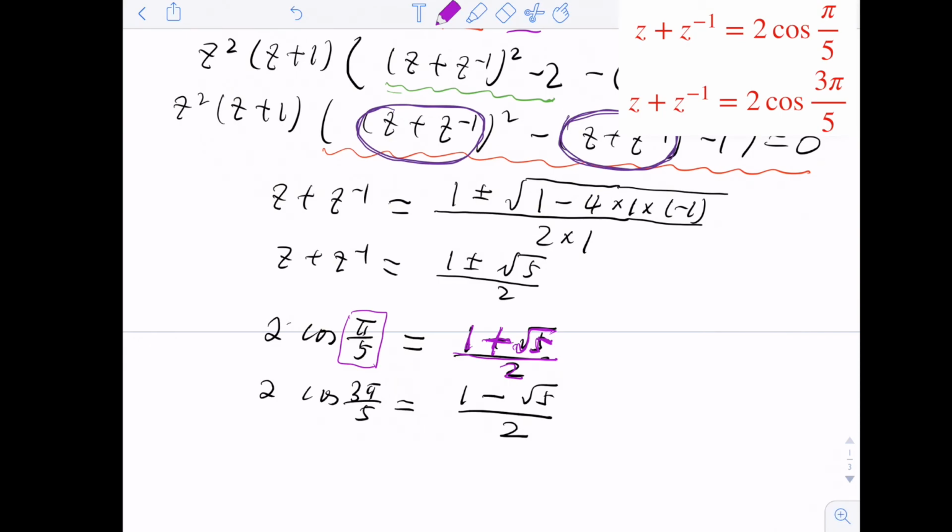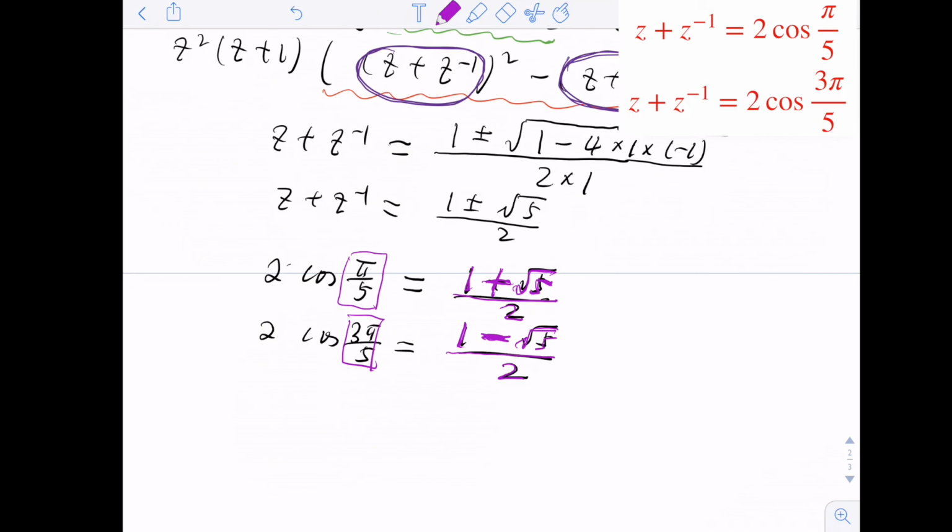And I also equate 2 cos 3 pi on 5 to 1 minus square root of 5, because 3 pi on 5 is in the second quadrant and cos 3 pi on 5 is negative, and 1 minus square root of 5 is negative. So I get 2 cos 3 pi on 5 equal to 1 minus root 5 over 2. So I equate them.